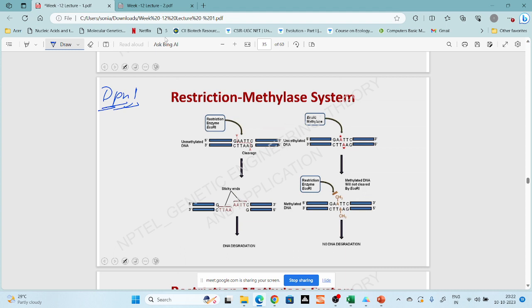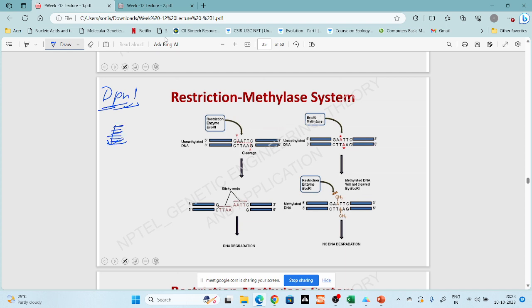So you have to understand how we discovered the restriction enzymes. We know that bacteriophages are viruses that infect bacteria. Bacteria have made a mechanism to protect themselves: whenever a foreign genome, let's say the genome of a bacteriophage, is trying to infect the bacteria, it cuts and degrades its genome.